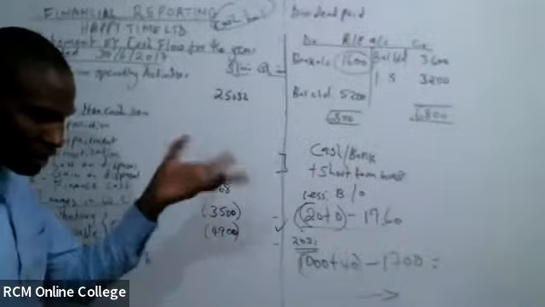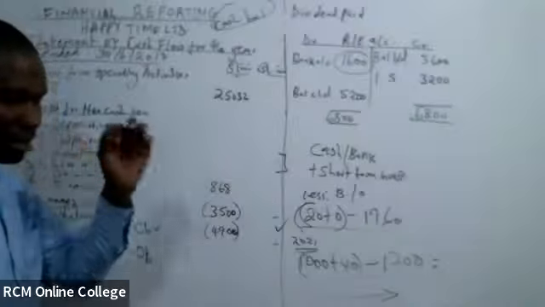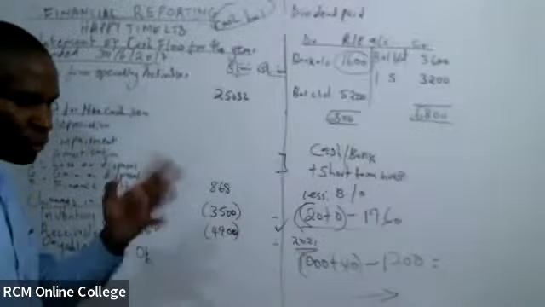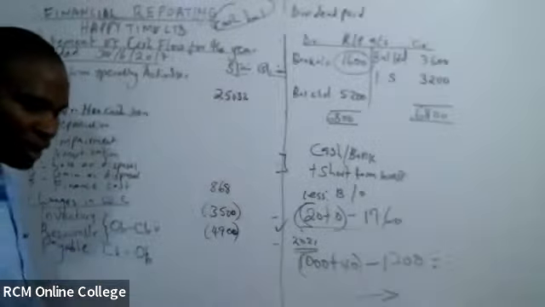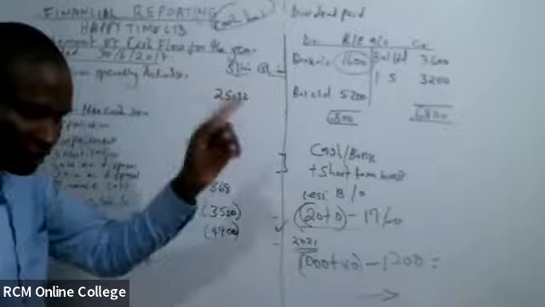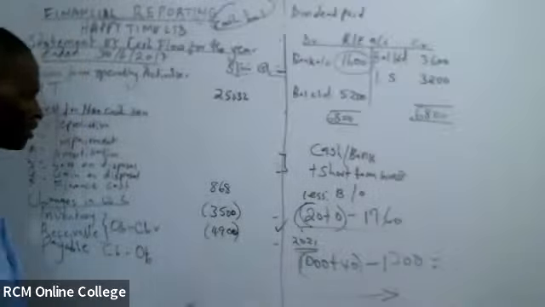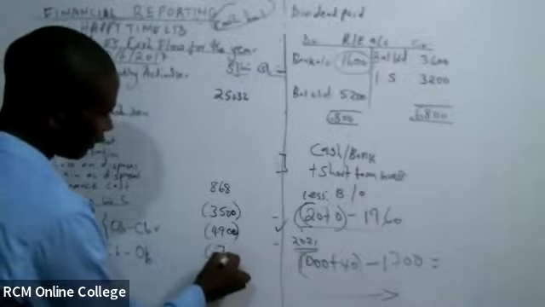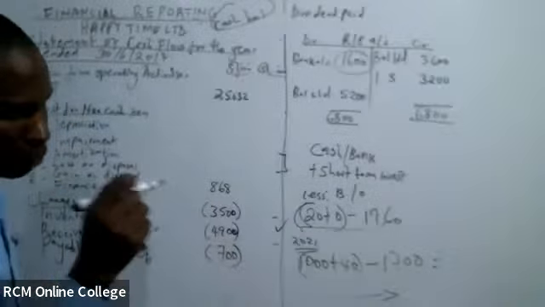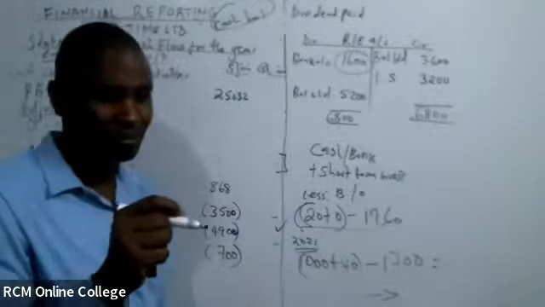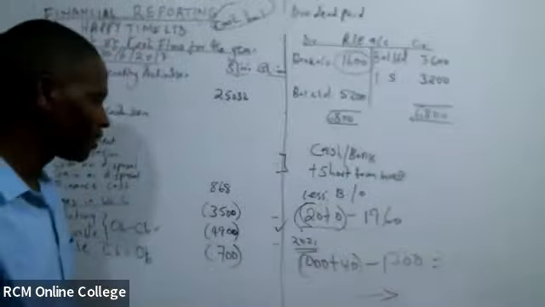The figure is 700, but we need to confirm whether it is negative or not. Have you used the formula? Closing balance minus the opening. So it is a negative 700. Those are just maths. We have not struggled to get this.